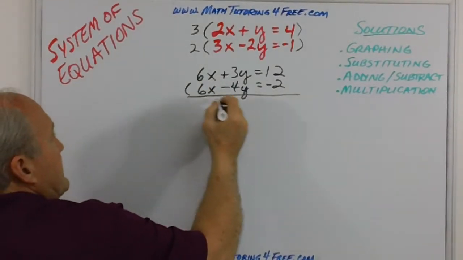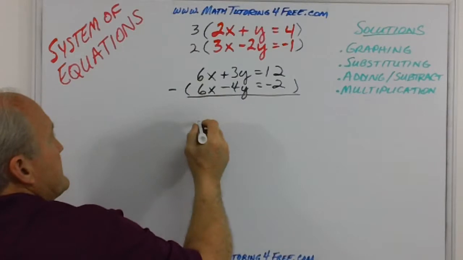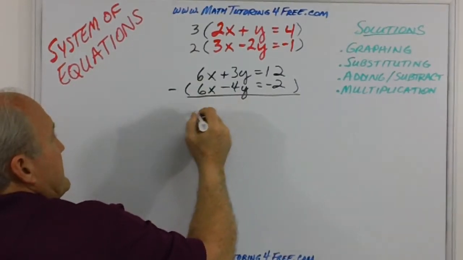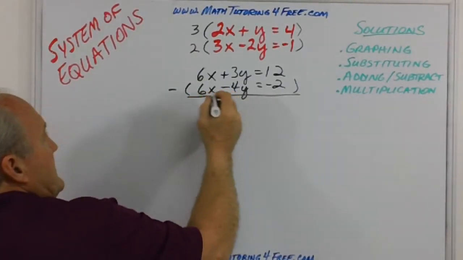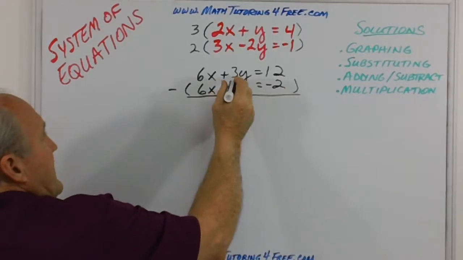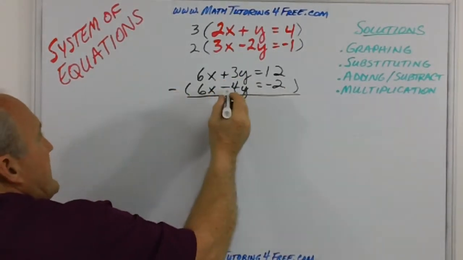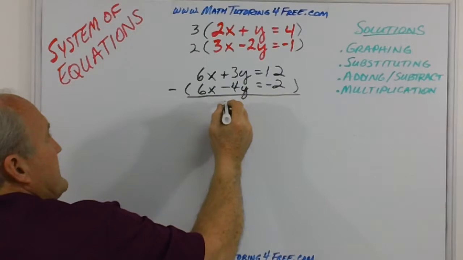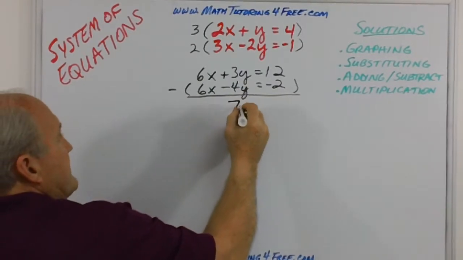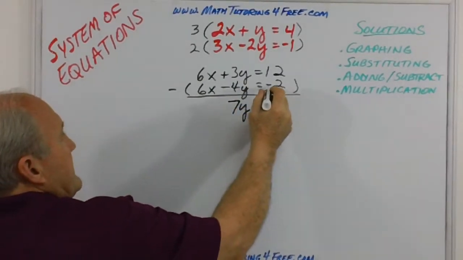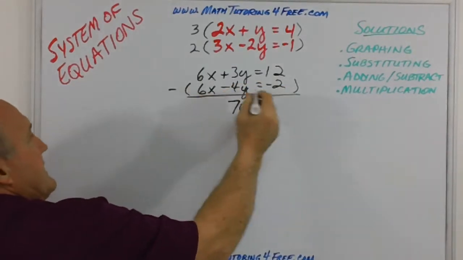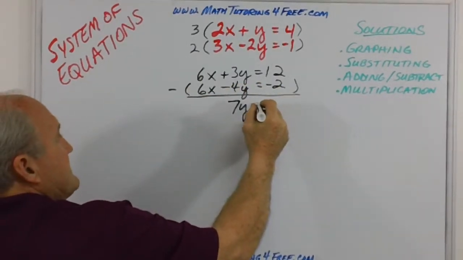Let's subtract this equation. We subtract that, the x's go away, but now this is a positive 3y. We're subtracting a negative, so that becomes a positive 4y. So that becomes 7y. Negative 2, we're subtracting a negative 2, so that becomes a positive 2.